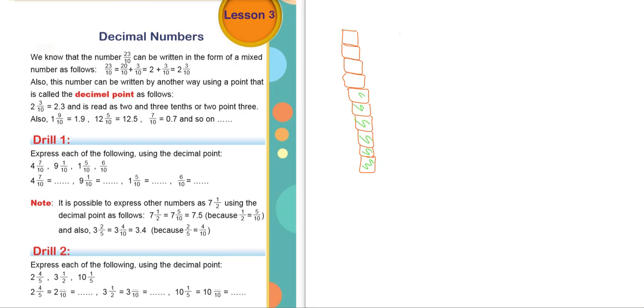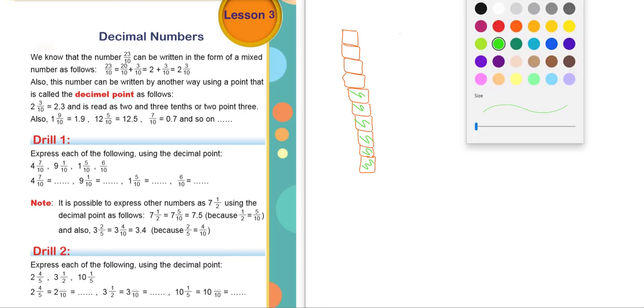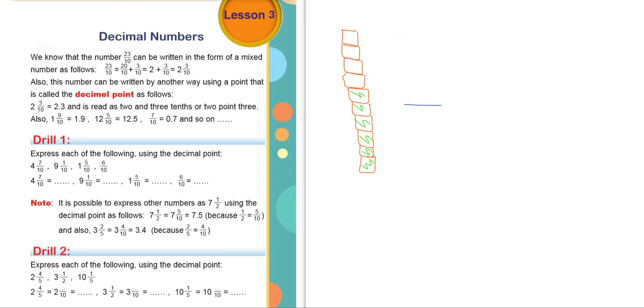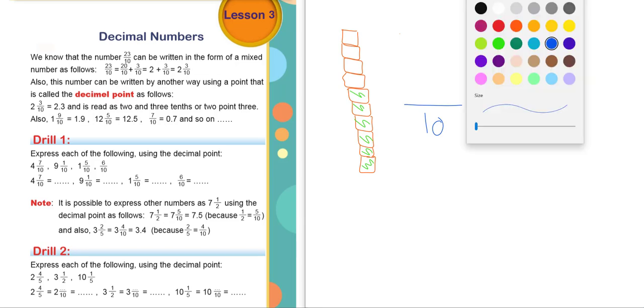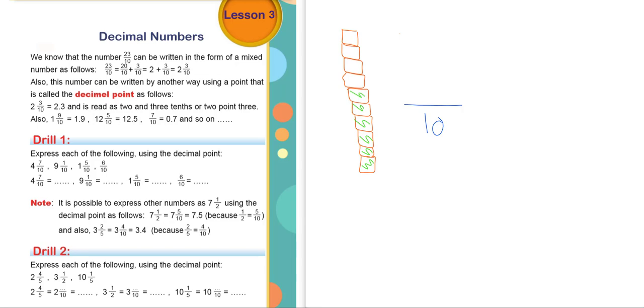I colored 6. To express this fraction, in the numerator we put the number of blocks that were colored, and in the denominator all the blocks we have. Here we have 10 blocks. How many blocks were colored? 6.